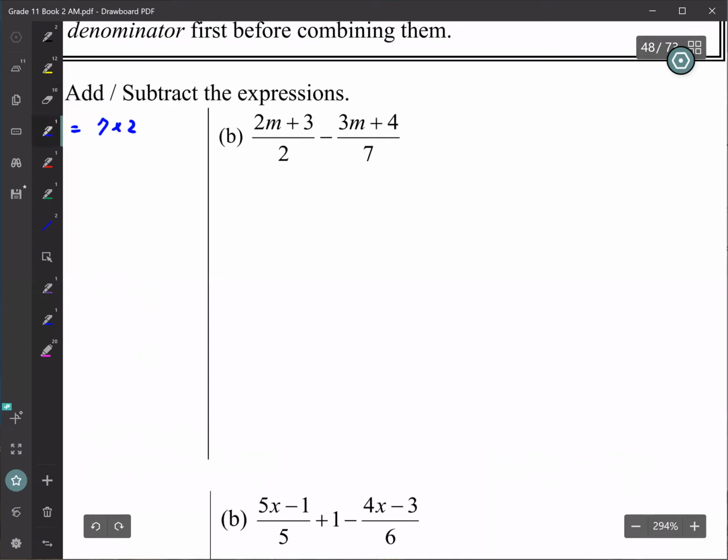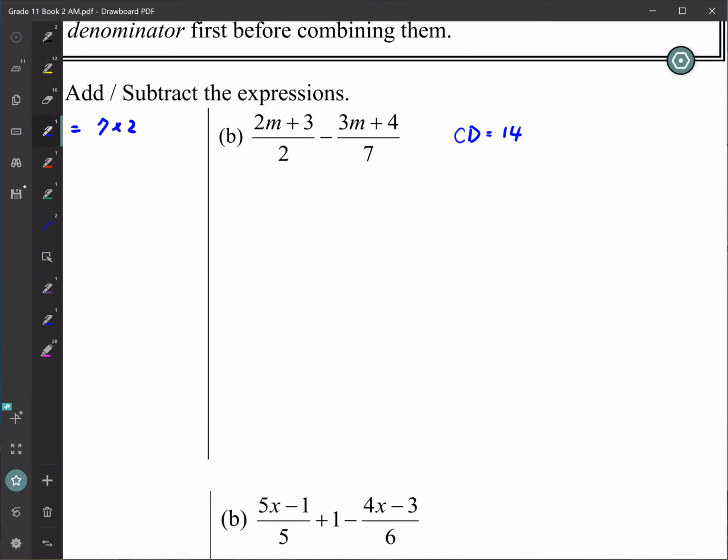Common denominator, of course, is again 14. Okay, but this time the top has a variable, so be careful.